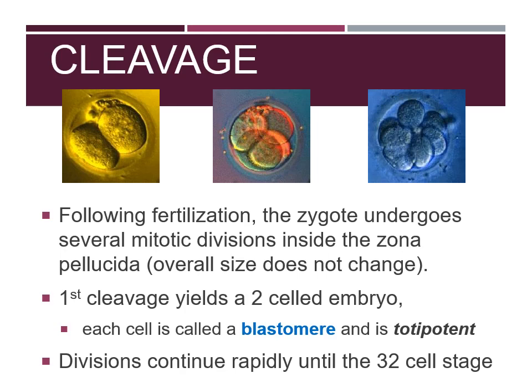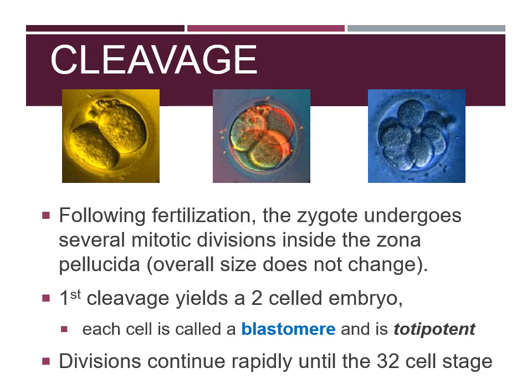Following fertilization, the zygote will undergo several mitotic divisions inside the zona pellucida, and the overall size will not actually change. After the first cleavage, there will be a 2-cell embryo.